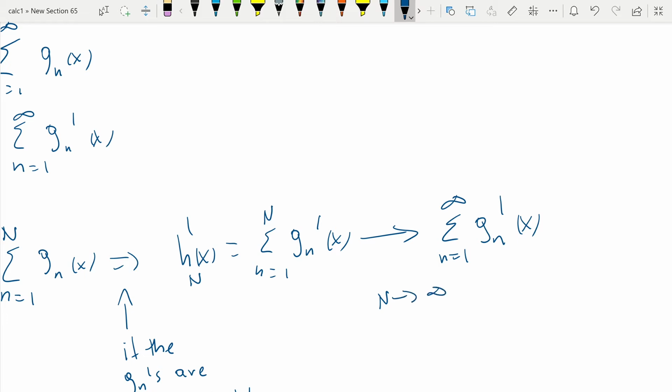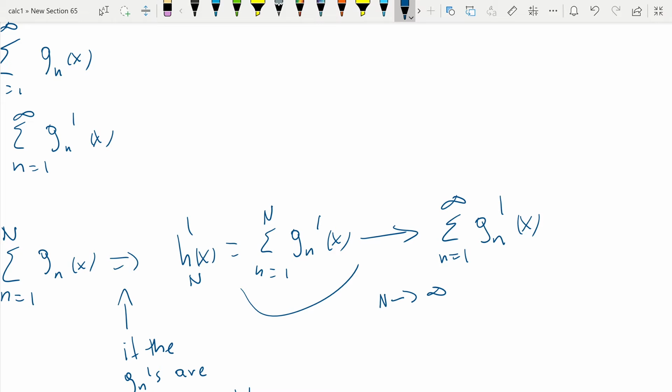As n goes to infinity, does this have a limit? I mean, these partial sums. That was part of our discussion on series. So to assign a value, this sequence of partial sums needs to have a limit.